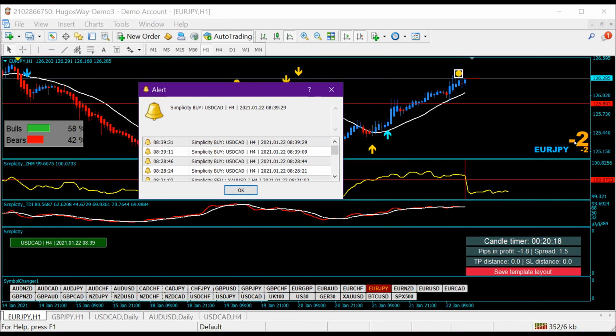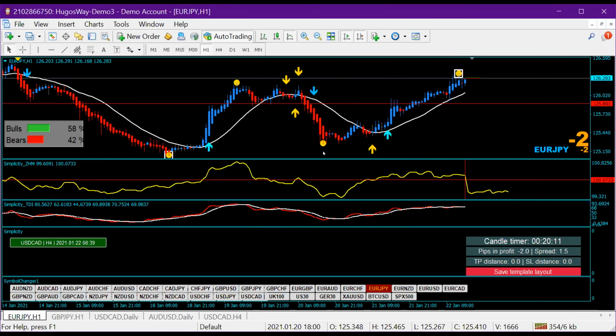Okay, so I realize now that I am down 2 pips. All right, so that's how you take a trade using the new order tab that's in your toolbar. Any questions on anything I just discussed? Any questions? Check my chat.